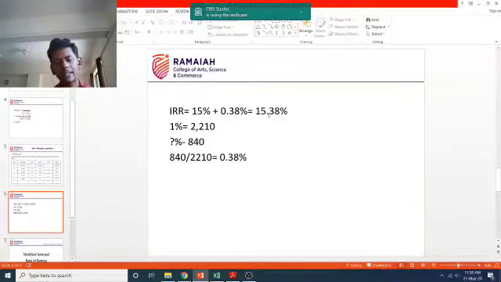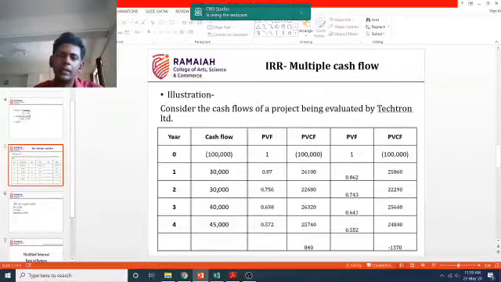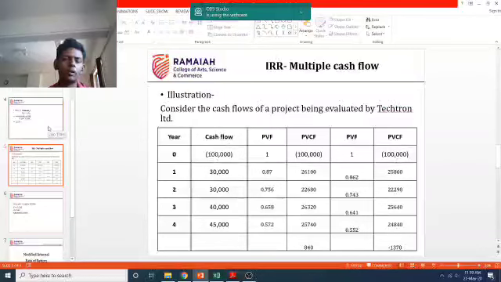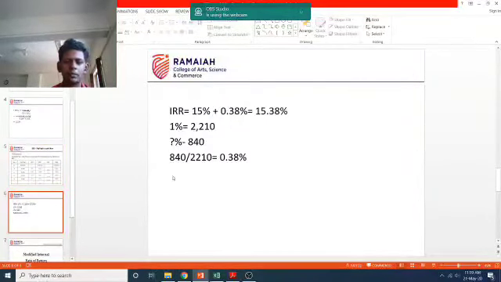So if you discount the cash flows of this project at 15.38% or 39% approximately, you will arrive at NPV of 0. So this is how exactly your internal rate of return works for multiple cash flows. For a single cash flow we have already seen, so this is for your multiple cash flows.